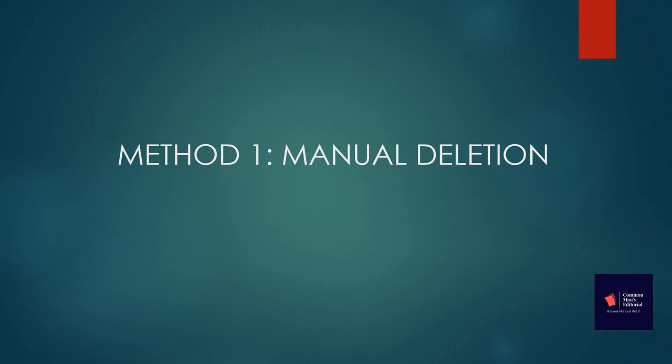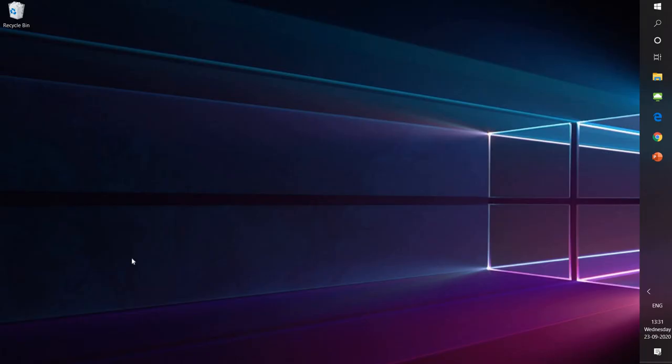So I'm going to explain method one. This is called manual deletion. I think most PC users who know what a temporary file is are going to use this manual deletion. So let us get it in action. This is my system.